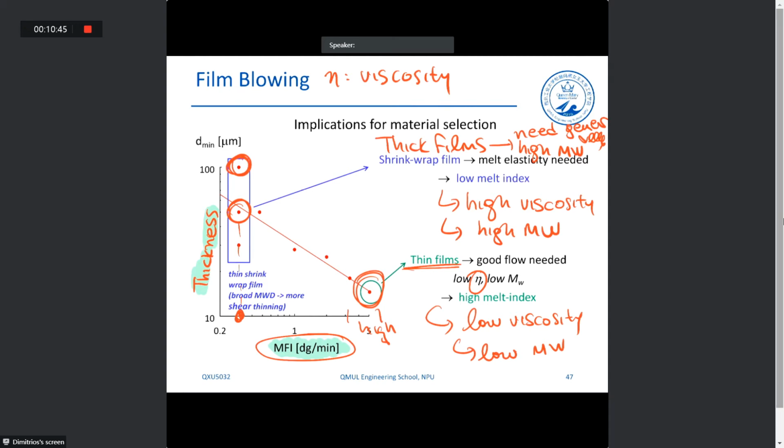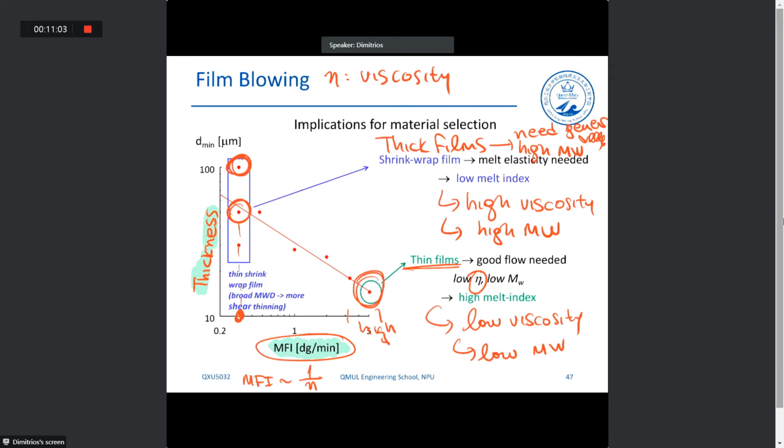Indeed, it's inverse. So the melt flow index is proportional to the inverse of viscosity. So when the melt flow index increases, the viscosity decreases.